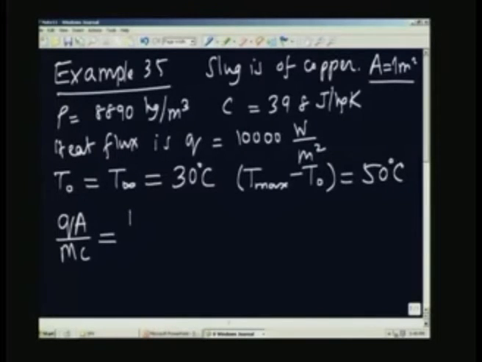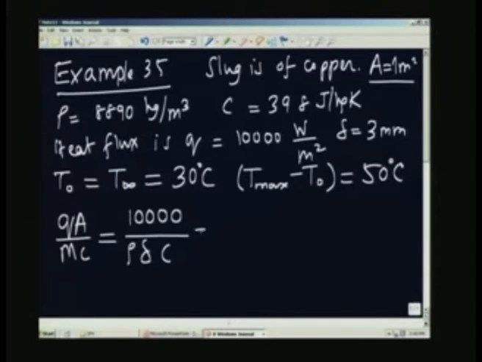So, Q is 10 to the power of 4 or 10,000 divided by mass of the slug. Thickness has been given as 3 millimeters, and you see that the mass will be nothing but rho into volume, which is A into delta. So, this becomes simply rho into delta, because A will cancel off with that A. That is why we do not require the A in this problem.